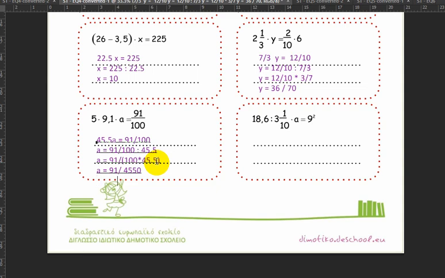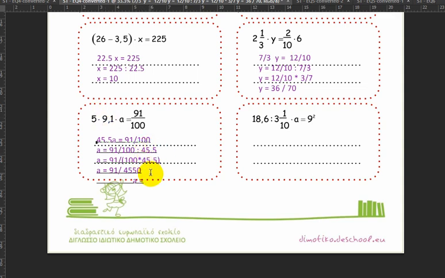Now I can leave it like that if I want to. It would be fine leaving it as 91 over 4,550. But we can simplify this.